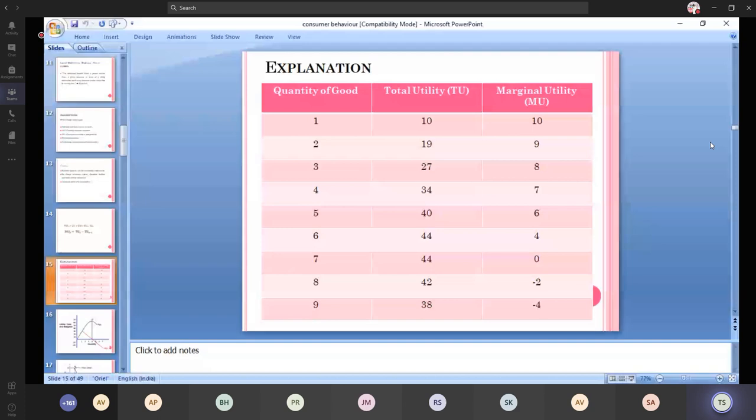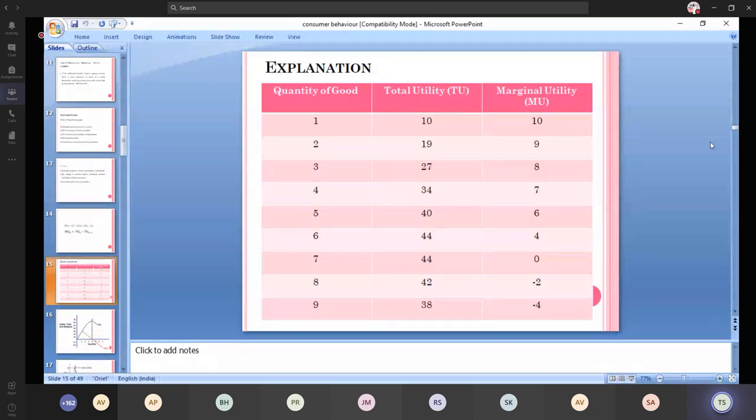Both the utilities should be on the y-axis, and always the quantity on the x-axis. Plot the points when the quantity of commodity is 1. Plot the points for total utility and marginal utility. Both start from the same point.